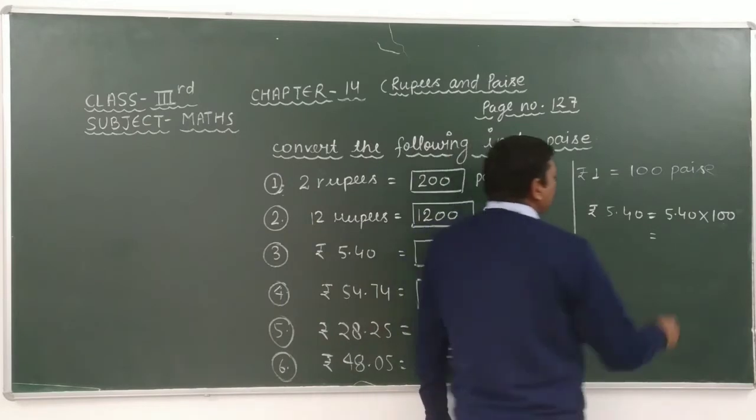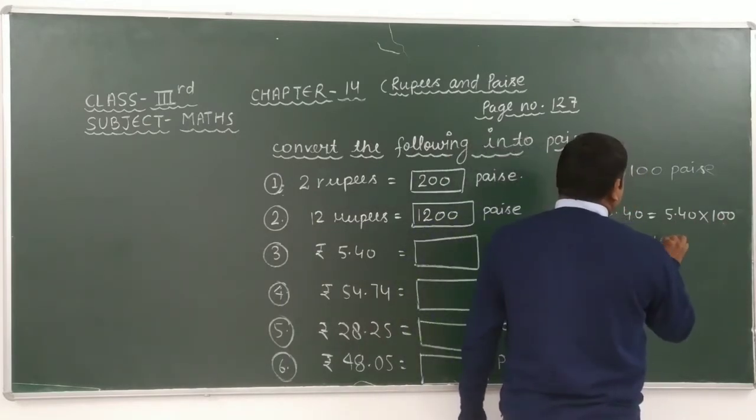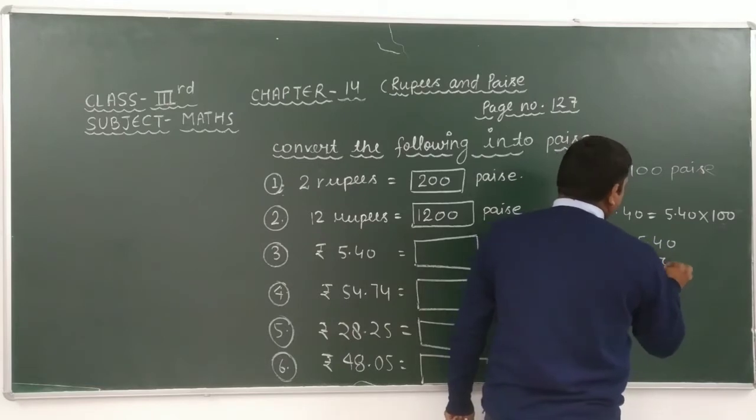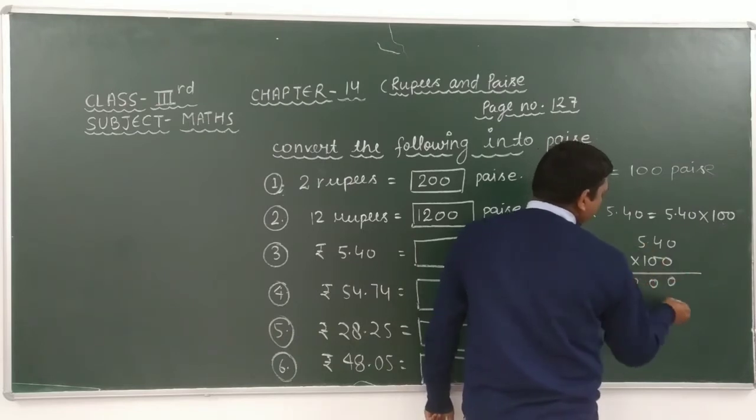Look, after multiplying these we get 0 0 0 is 0, 0 4 is 0, 0 5 is 0.